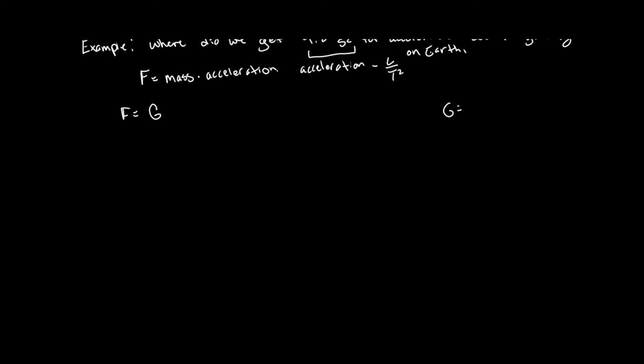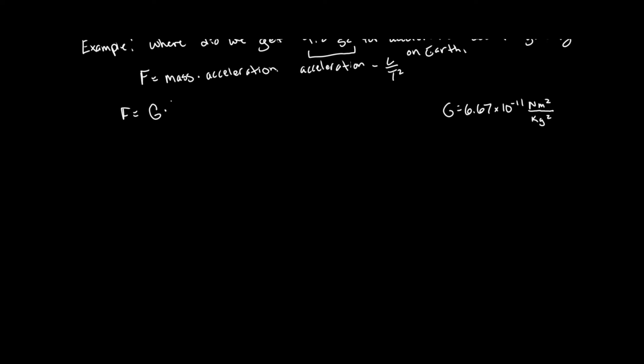So the gravitational constant is 6.67 times 10 to the negative 11, in scientific notation, Newton meters squared over kilograms squared. Okay?